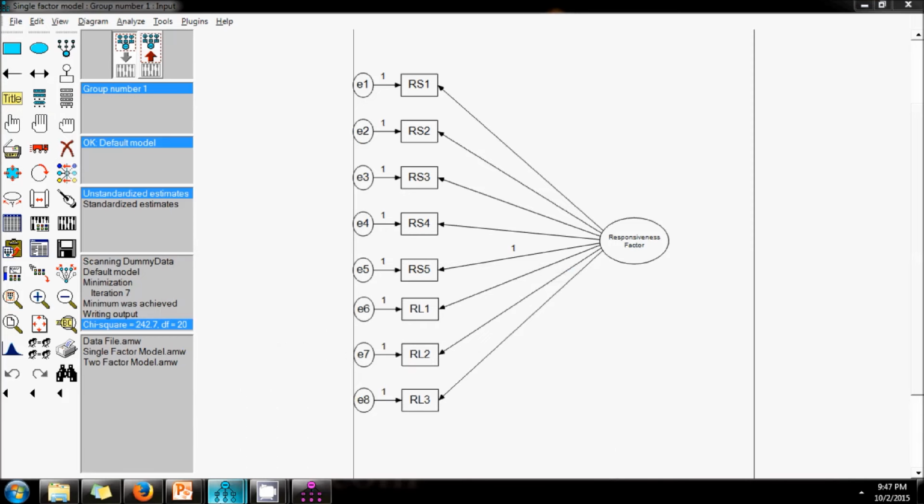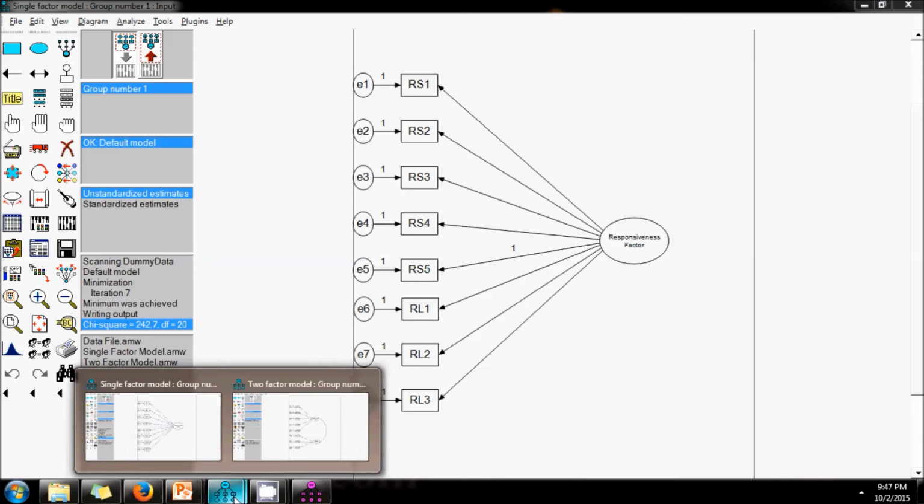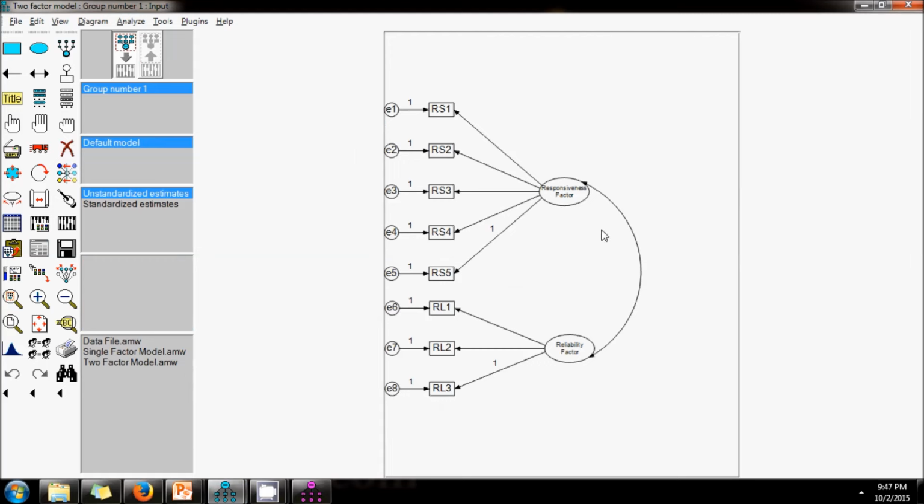The next step is to look at the model as a two-factor model. So in this CFA model, I have represented the items as two factors. So items RS1 to RS5 load on the responsiveness factor, whereas items RL1 to RL3 load on the reliability factor. Again, using this two-factor model, we run the analysis.